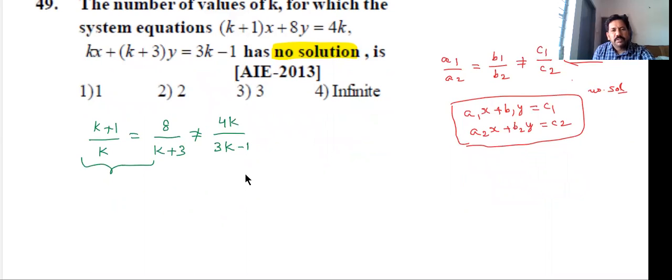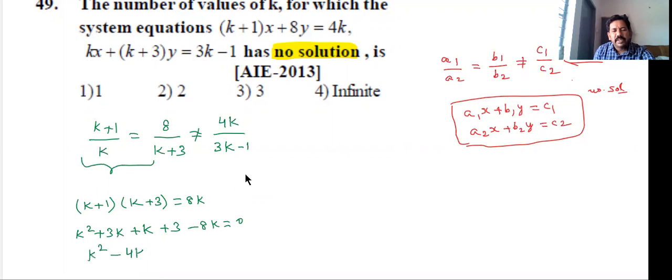Take cross multiplication: k plus 1 into k plus 3 is equal to 8k. Now multiply these two: k square plus 3k plus k plus 3 minus 8k is equal to 0. 3k plus k is 4k, minus 8k, we get minus 4k, plus 3 is equal to 0.